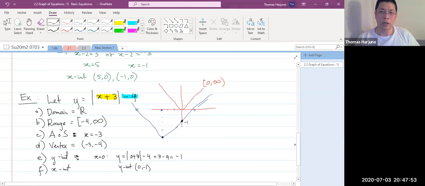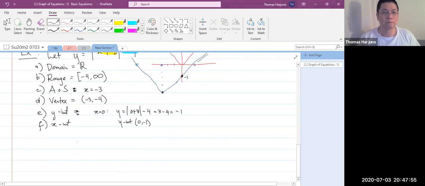And for x-intercepts, we set y equal to 0. So 0 equals the absolute value of x plus 3, minus 4. 4 equals the absolute value of x plus 3.